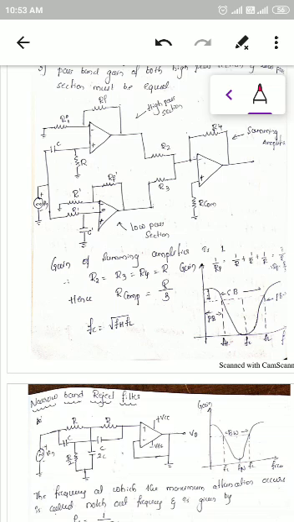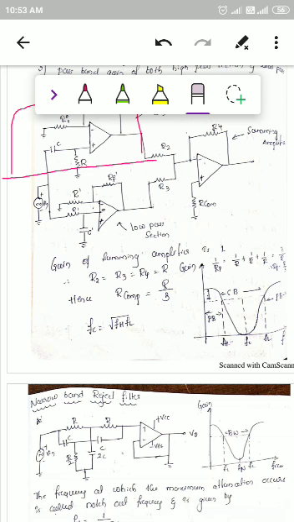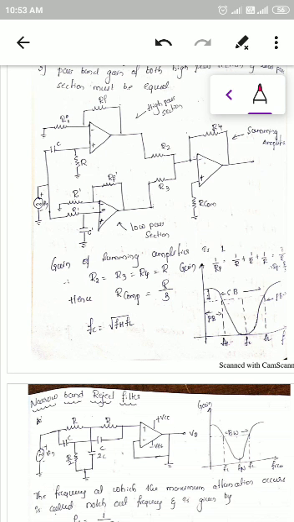This portion is your high pass filter and the below portion is a low pass filter. This is the output of the high pass filter, this is the output of the low pass filter, and this is your summing amplifier.